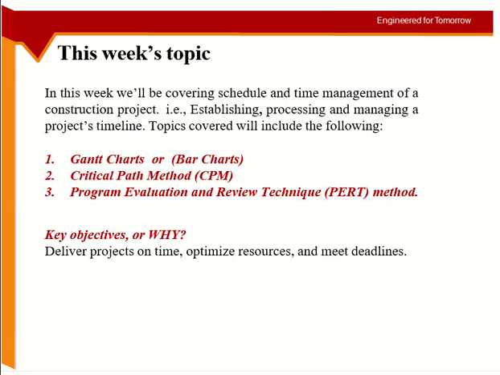The first one is a representation method, and the next two are analysis methods. You can analyze a project timeline using the critical path method, CPM, or the PERT technique, which is the short form of program evaluation and review technique.